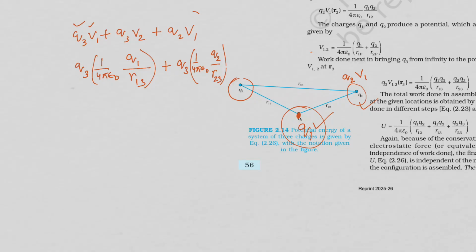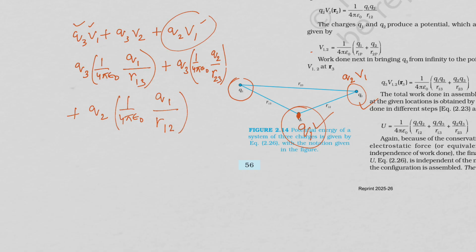And the third one, Q2 V1, is actually Q2, and V1 for Q2 is 1 upon 4 pi epsilon naught, V1 is Q1 divided by R12.